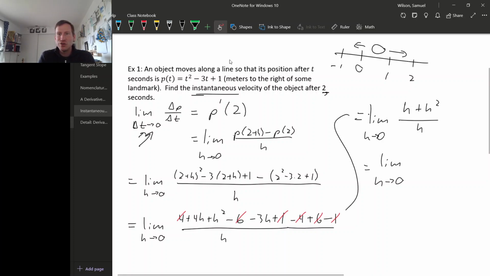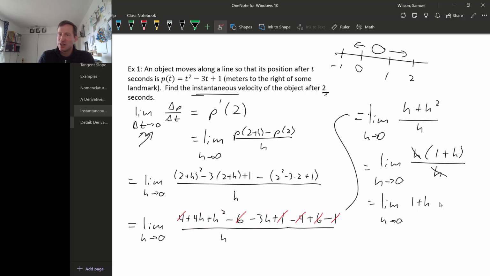If you're going to simplify a common factor, you have to factor that out first. So h times 1 plus h, over h. And now we can cancel the common factor of h. So limit as h goes to 0 of 1 plus h, but 1 plus h is a polynomial in h, so that's continuous. We can just plug in the 0.